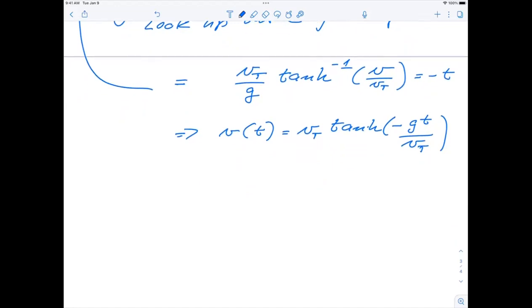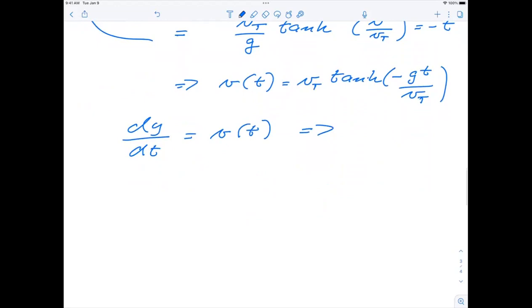Now, when we have the velocity, we can then integrate and get the position y, because we know that dy/dt is equal to v of t. And that leads to, as we did last week, an equation for y of t minus y of t0, which we label as y0. And this is going to be equal to the integral from t0, which we put equal to 0, that's just a convenient choice, of dt prime multiplied with v of t prime here.